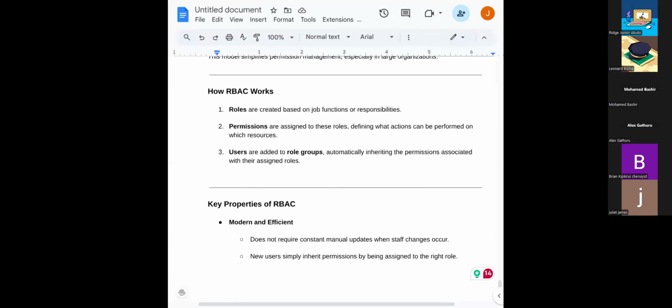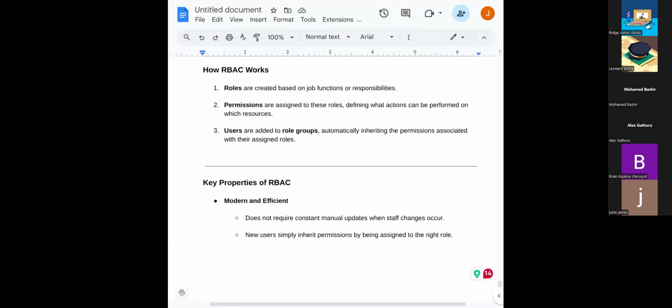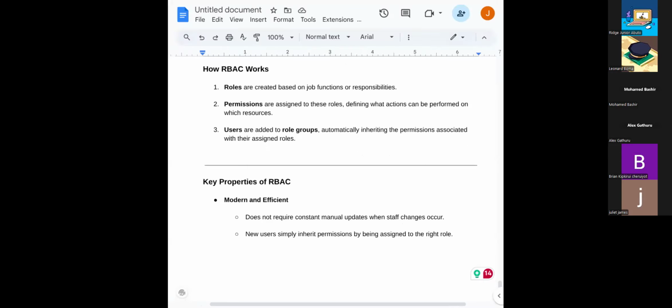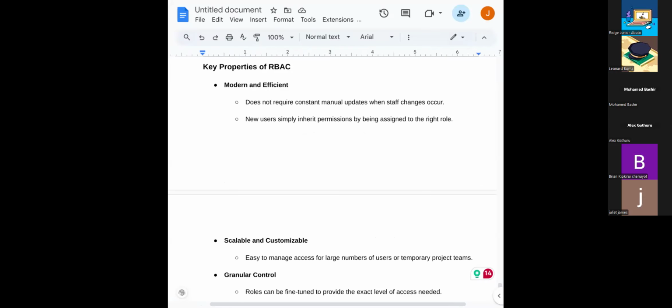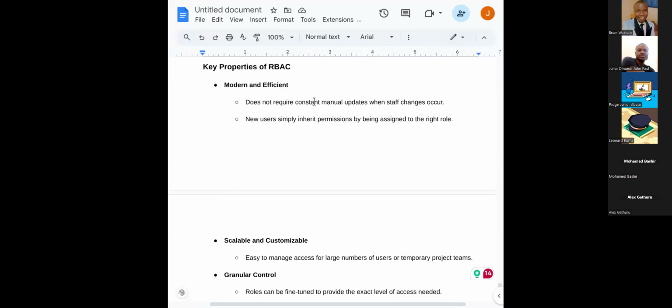So these are ways that we are talking about RBAC. We said the key properties. Number one, it does not require constant manual updates when a staff change occurs. For example, the way we've said that trainers can have their videos on.